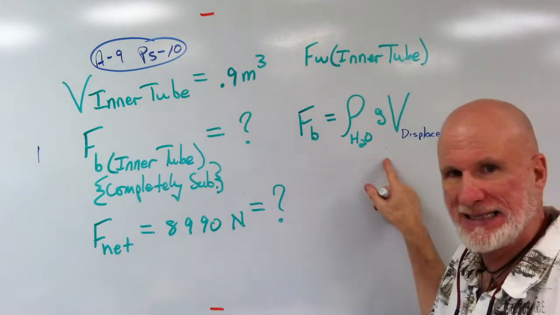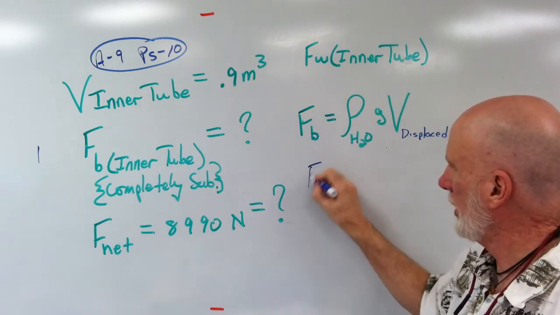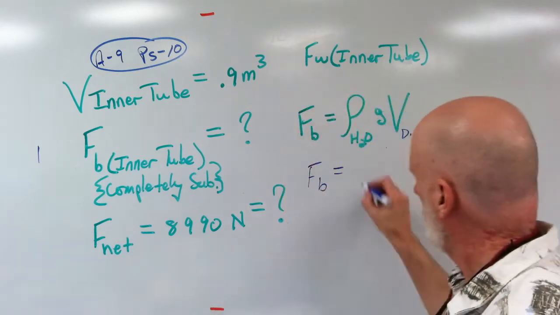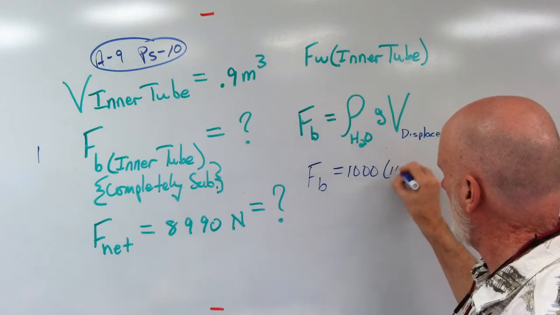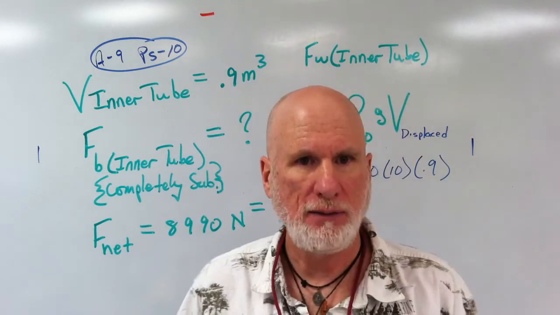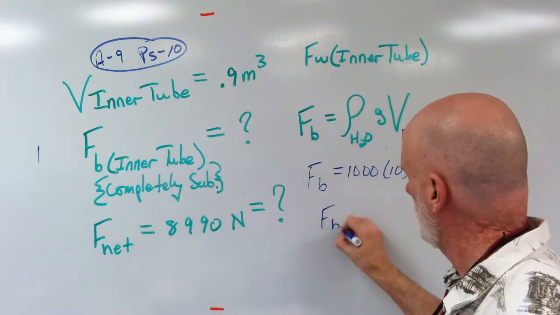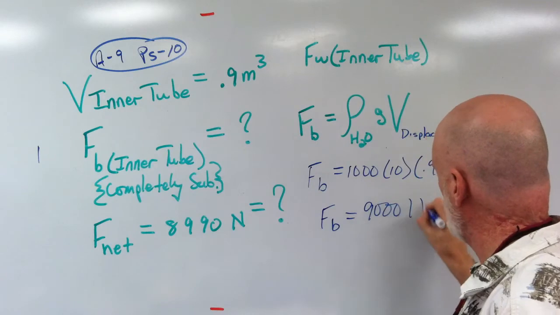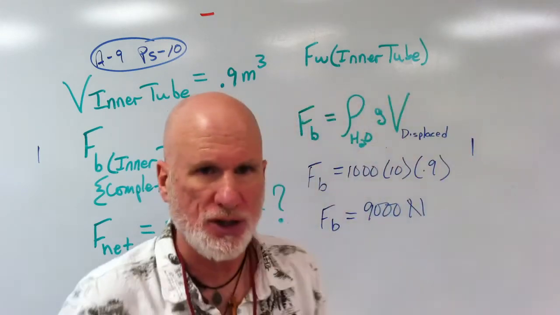Therefore, if you plug into this equation, the buoyant force equals 1,000 times 10 times 0.9. So the buoyant force is going to equal 9,000 newtons.